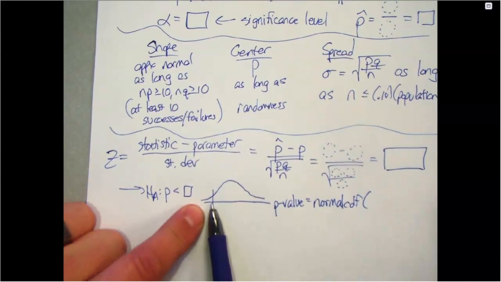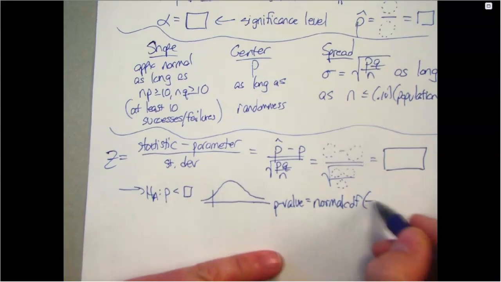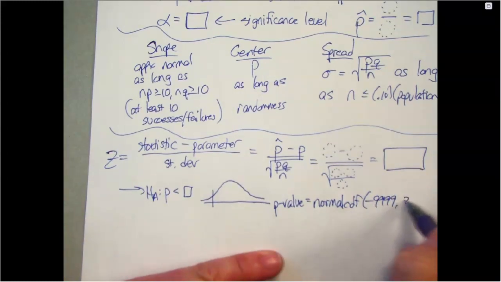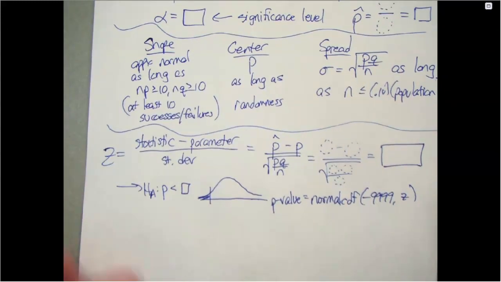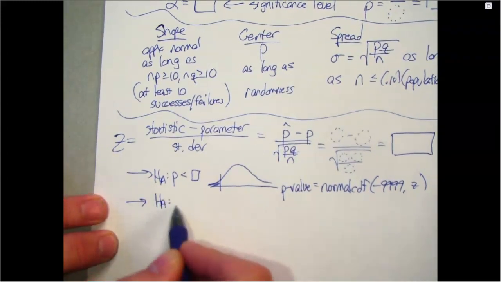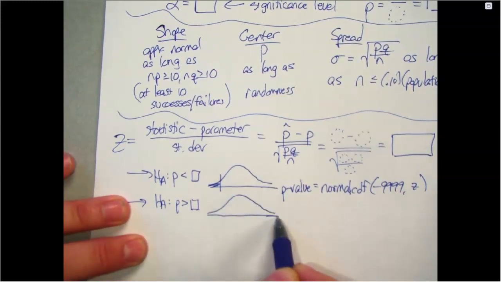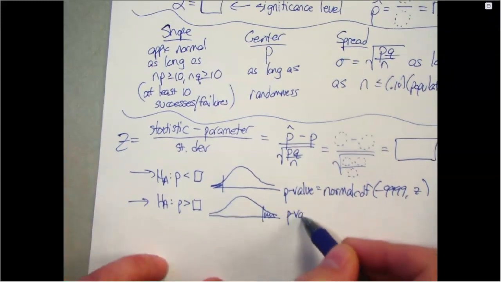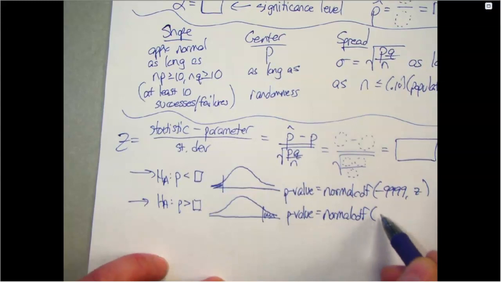If I want to find this area over here, that'd be negative 999 up to whatever the z-score is, shaded in this part. If HA was P is greater than, everything just flips. Now you're looking up there. P-value would be normal CDF from Z to 999 now.